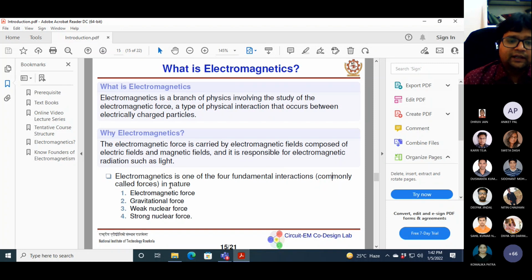The fundamental forces in nature are the electromagnetic force, the gravitational force, the weak nuclear force and the strong nuclear force. Electromagnetic interaction is one of them. So it is an important thing, and this branch of electromagnetics mostly evolved in physics, but it has very good engineering applications. That's why we are studying this course.